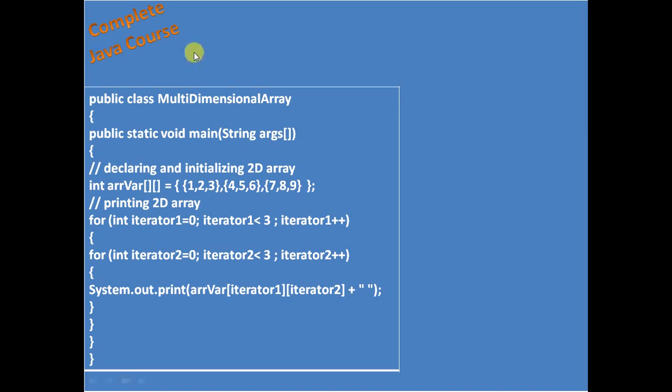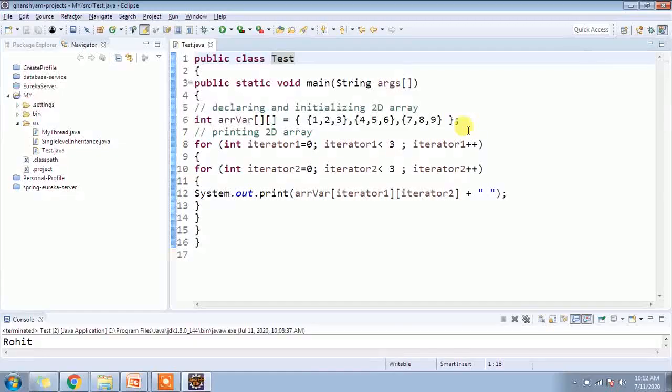First is this 1, 2 and 3 set, this is of length 3 for the outer loop, and for the inner loop for the elements, this second for loop will be executed. So if you run this program, you will get the output 1, 2, 3, 4, 5, 6, 7, 8, 9. Let me show you on the Eclipse IDE.